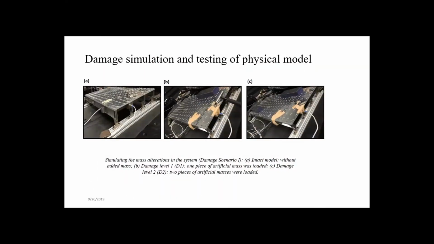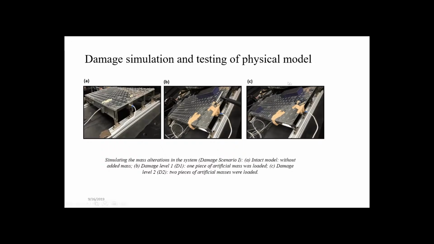Now, also, for example, here with the physical model, we can do a lot of testing. For example, here we lose some of these bolts that may simulate damage at this support. We added masses, and we did all these different things, and we tested the method to see if we can really capture damage.